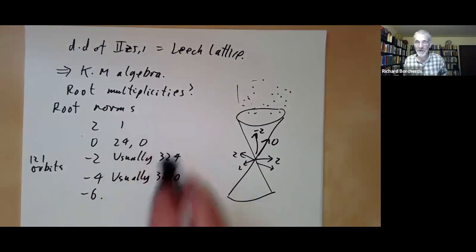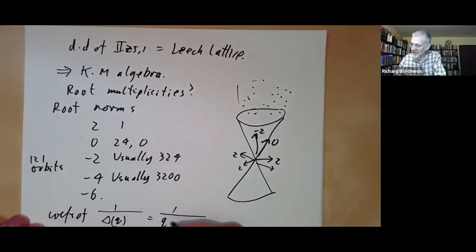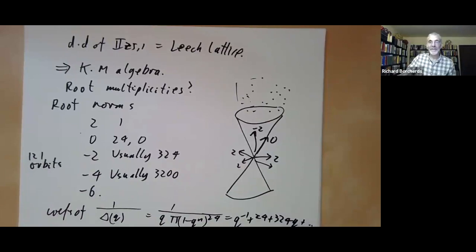And if you look at these numbers, you may notice that they appear as the coefficients of 1 over delta of q, which is 1 over q times the product of (1 minus q^n) to the 24, plus 24 plus 324q and so on.